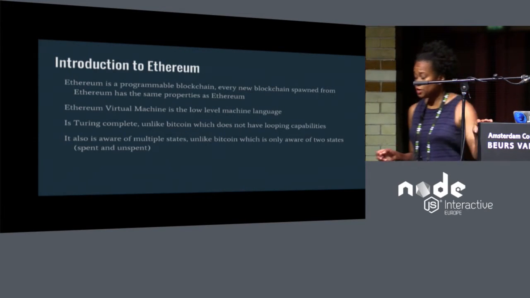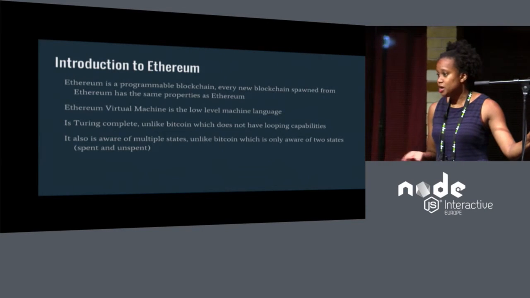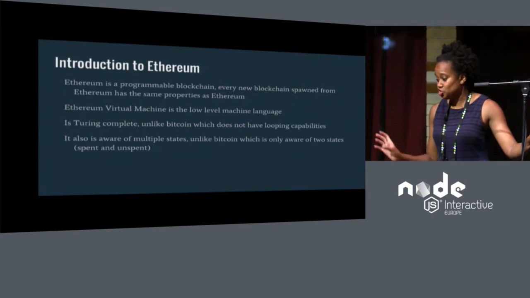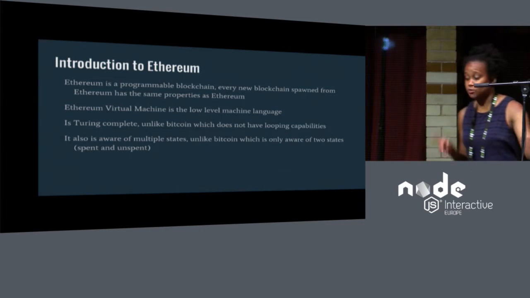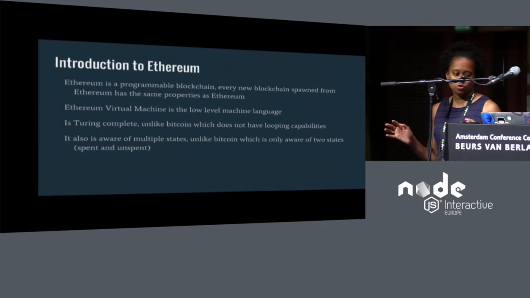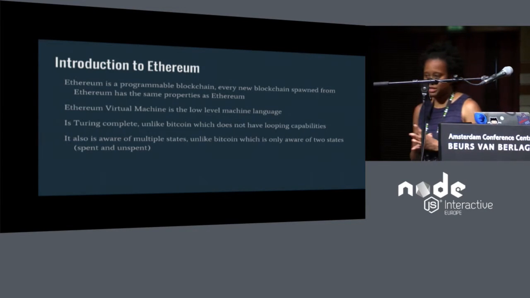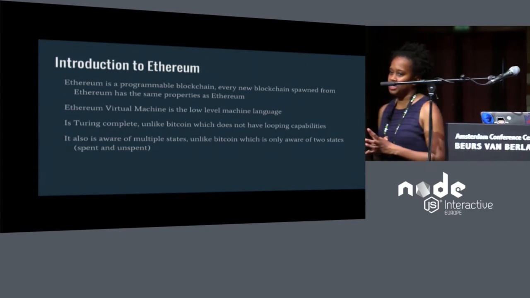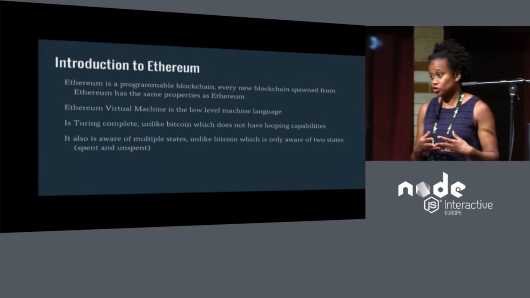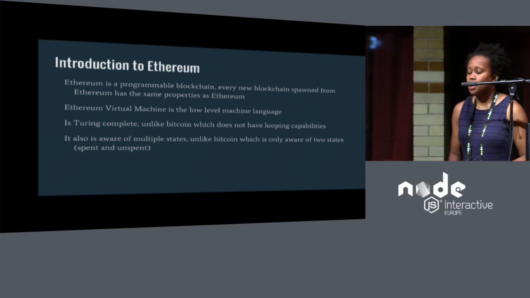This is really important because you could make blockchains with Bitcoin, but those different child blockchains would not have the same capabilities as the Bitcoin blockchain, which is not true for Ethereum. Ethereum Virtual Machine is a low-level machine language for Ethereum. It is Turing complete, which means you can use regular classical programming languages. This is not true for Bitcoin.